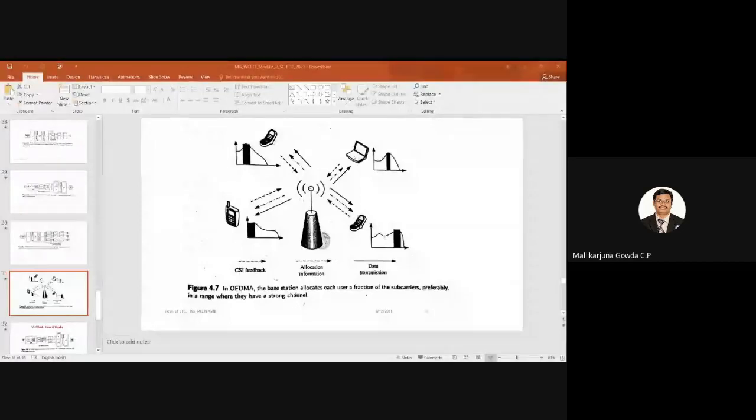We get the channel state condition by using CSI, that is channel state information feedback. So the base station will be allocating the subcarriers to different users, user 1, user 2, user 3, user 4, like that. Wherever the subcarriers are strong for each of these users, only those subcarriers will be allocated to these users.